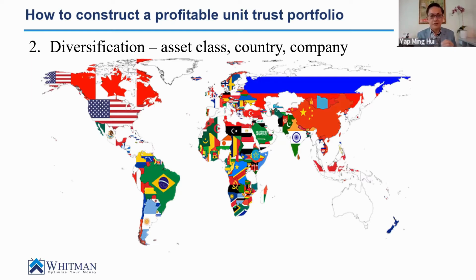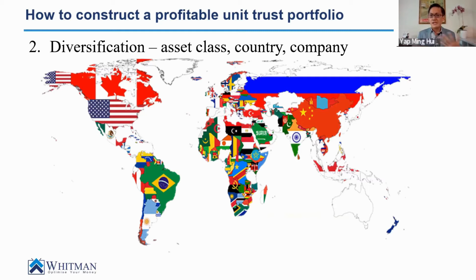If you look at the investment world, there are so many bigger countries with bigger market capitalization compared to Malaysia. So if we only invest in Malaysia, then our performance is very much dependent on a small country like Malaysia, and we will miss all the opportunity outside Malaysia.